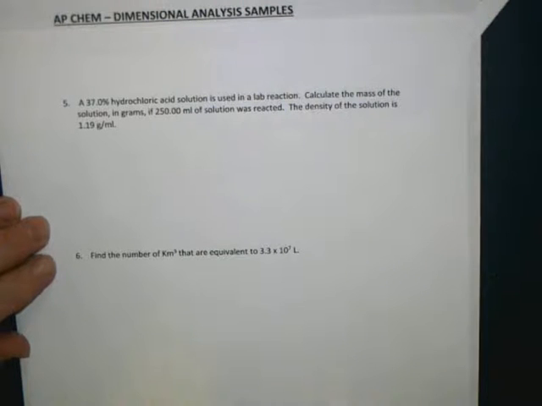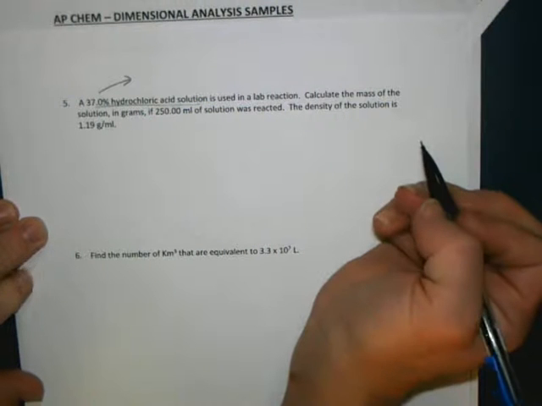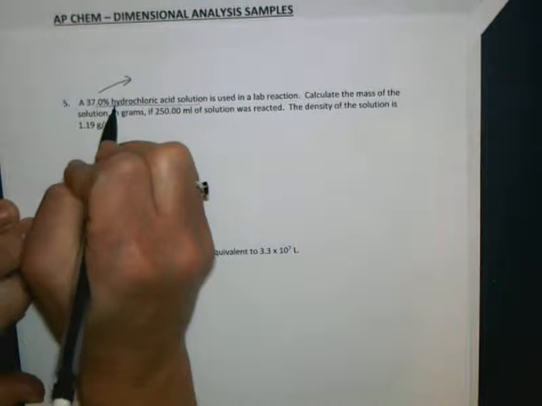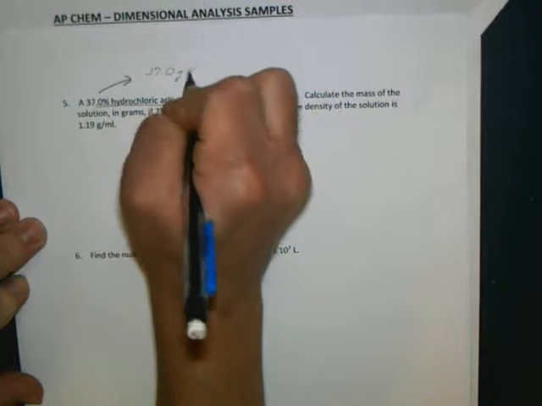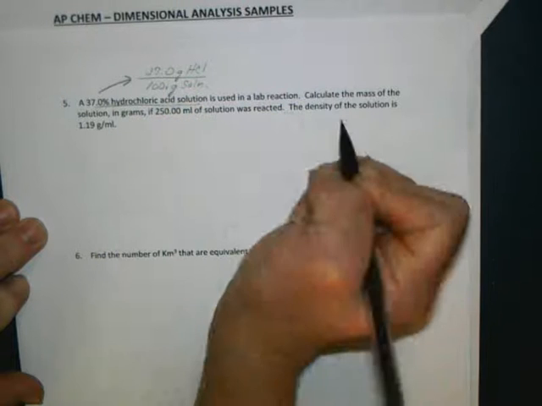A 37% hydrochloric acid solution. I'm going to go ahead and just create that as a conversion factor. A percent is a mass ratio unless otherwise told. So this means I have 37, 3 sig figs, grams of HCl for 100 grams of solution.